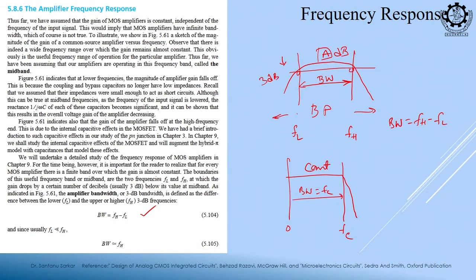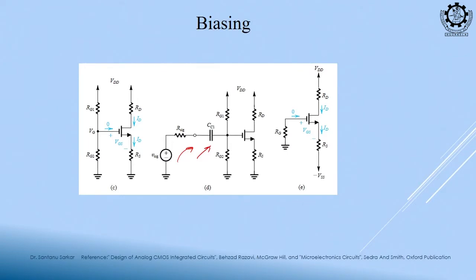So, any amplifier by nature can behave like a band pass filter. Okay. So, we have a higher cutoff, and it is 1 by RC, right, the time constant is roughly 1 by RC.